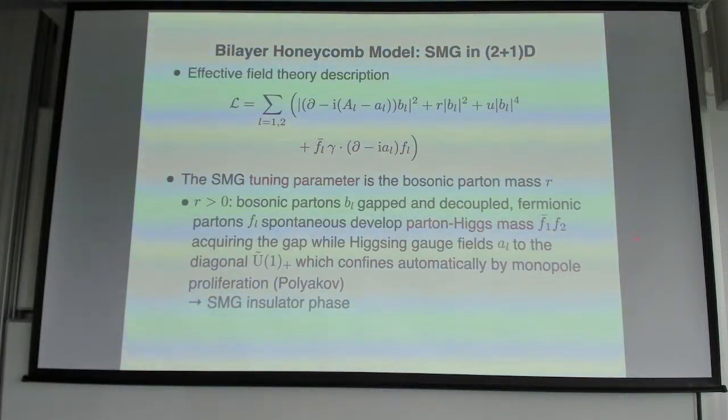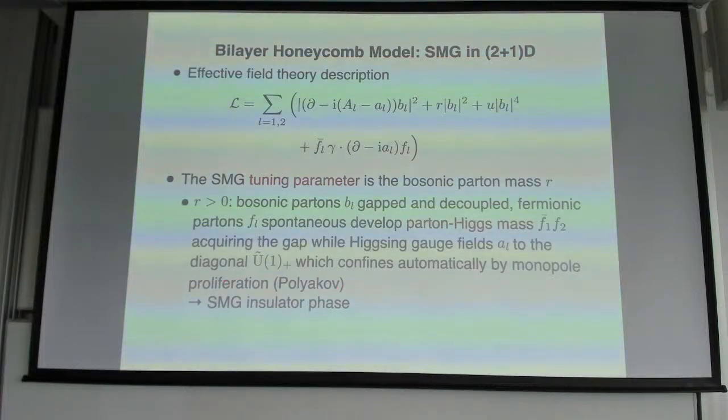But if you have an interlayer hopping of a gauge charged particle, then you're locking the gauge fluctuation between the two layers. So the gauge group is broken down from U1 plus U1 to the diagonal U1. The diagonal U1 gauge fluctuation is the only remaining low energy fluctuation. But because U1 is compact, it is automatically confined by monopole proliferation through the Polyakov mechanism.